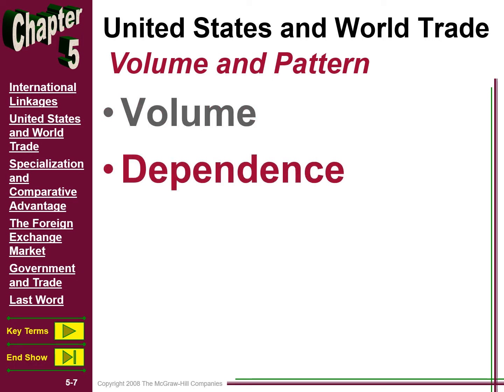Now, this idea of dependence has two connotations or two meanings when you talk about the economic interpretation of trade and dependence. First, the United States is highly dependent on other nations for some products. In other words, we're not really efficient at or even capable of producing some particular products. One interesting product of that nature is coffee.